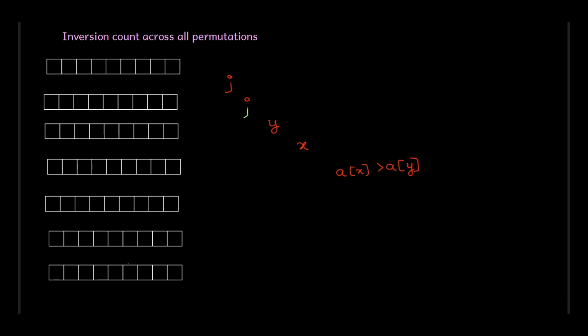Now let's look at this element, what is happening over here. You have fixed i, you have fixed j, and you have fixed the element at this location, and you are calling it a of y.